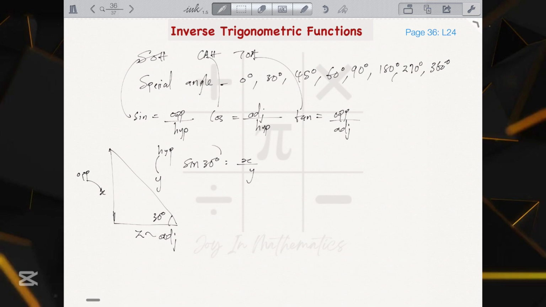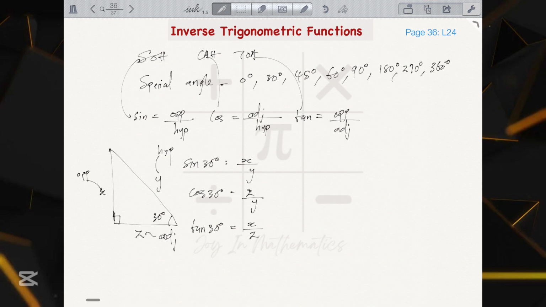If sine 30 is equal to x over y, that is opposite over hypotenuse, then cos 30 degrees will be z over y, and tan 30 degrees, because it is a right angle triangle, will be equal to x over z.